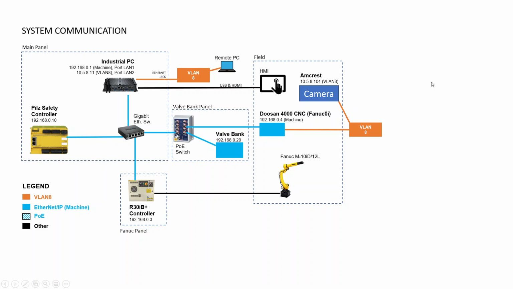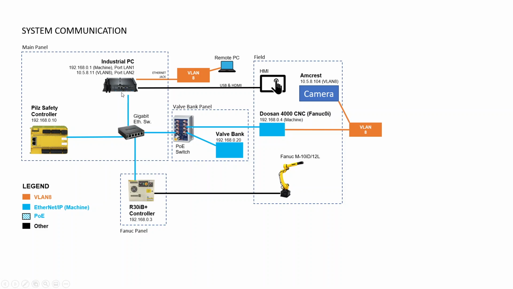So mostly for our cage control, the industrial PC is communicating with all the peripheral devices over the local machine network, and specifically on a protocol called Ethernet IP. The only exception to this rule is that our firmware does actually send commands to the camera to control the camera position and have it track the robot's movements.